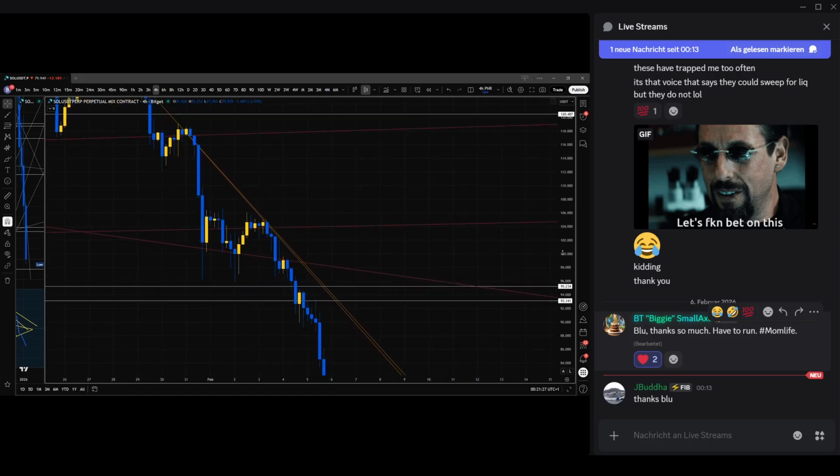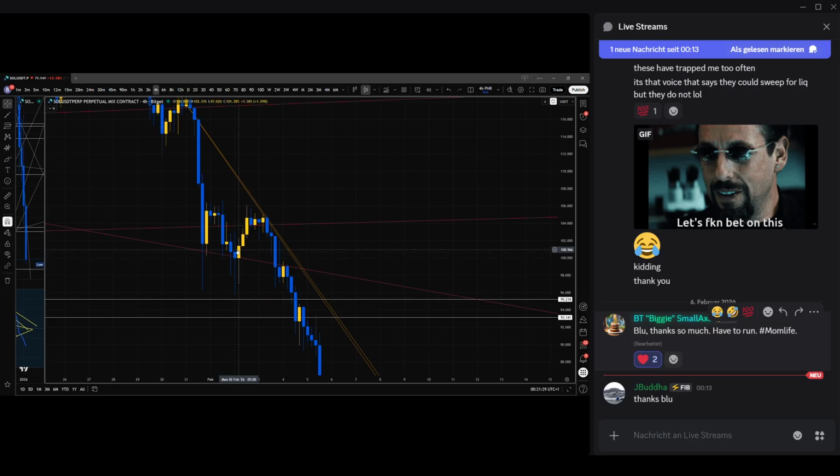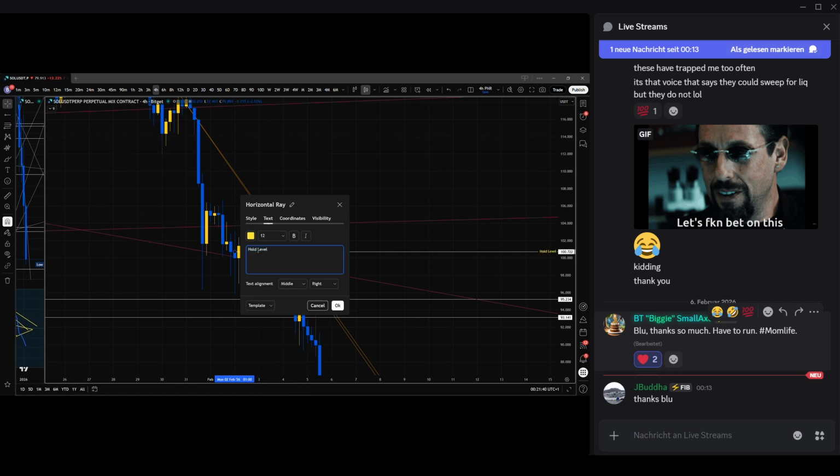So if you have this long created here, right, you have an engulfing, you form a hold level here, which creates a long.